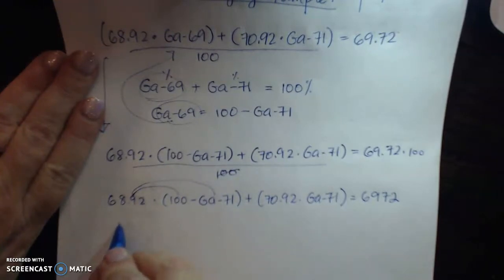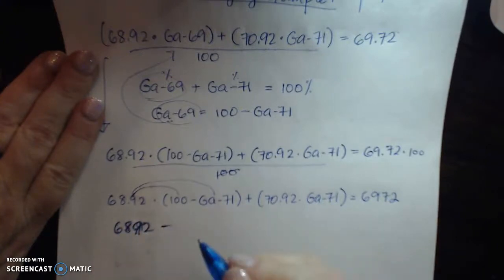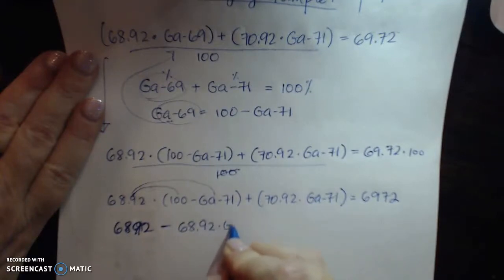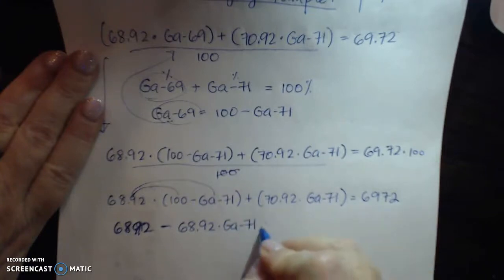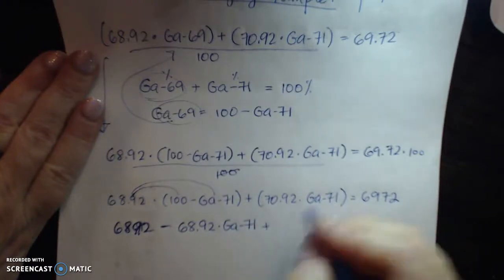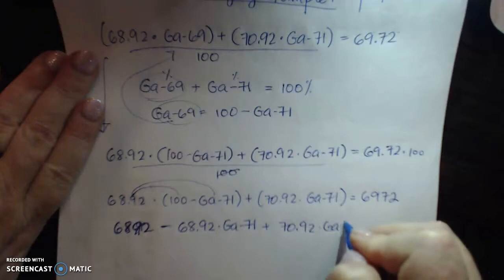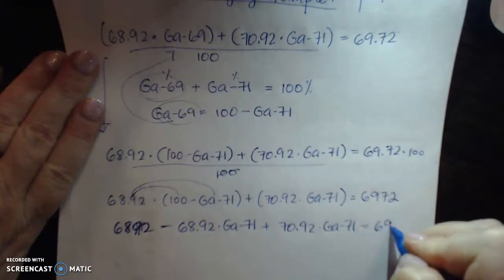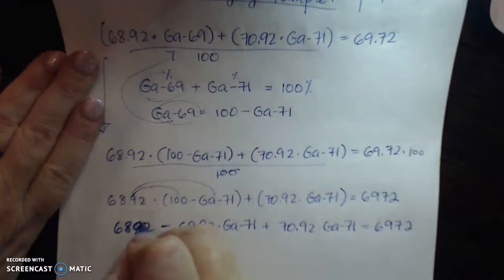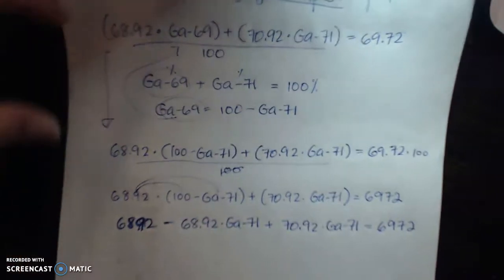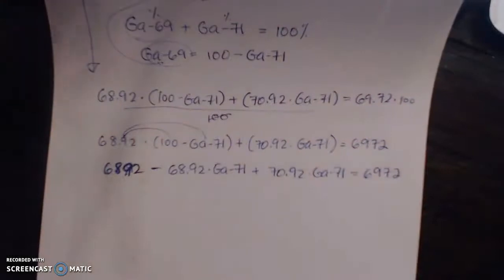So we've got 68.92 times 100, sorry. 68.92 times 100 is 6,892 minus 68.92 times gallium-71 plus 70.92 gallium-71 equals 6,972. Got a little messy there. All right, moving on.